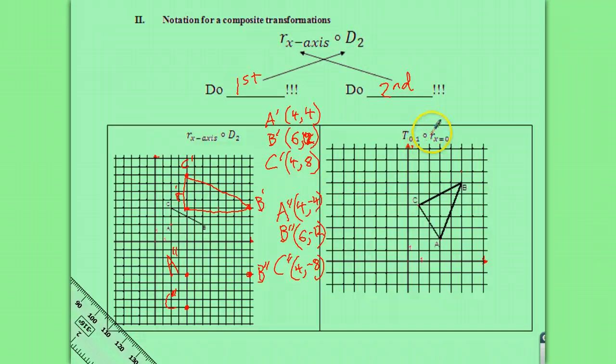So here's our composite. We reflect over the x equals 0 line. Where the heck is that? Well, x equals 0 is really the y-axis. So x equals 0 all the way along here. So C prime is negative 1, 4.